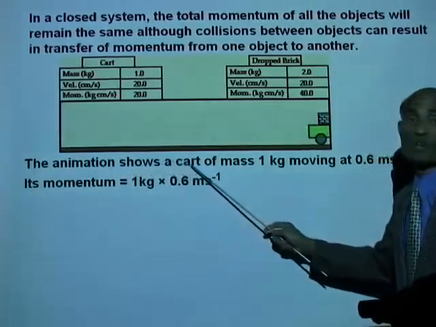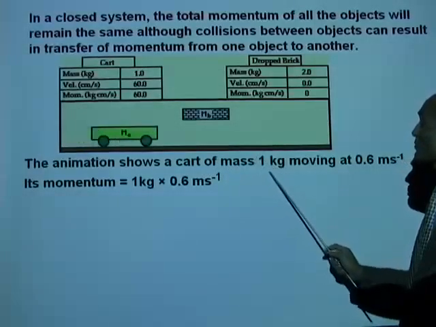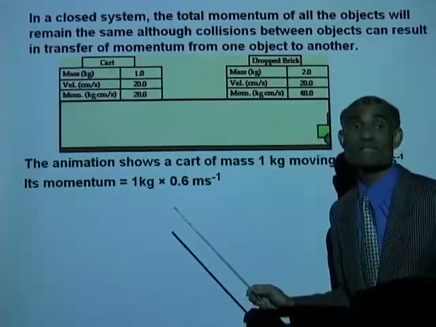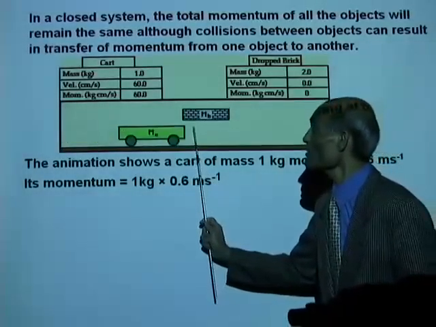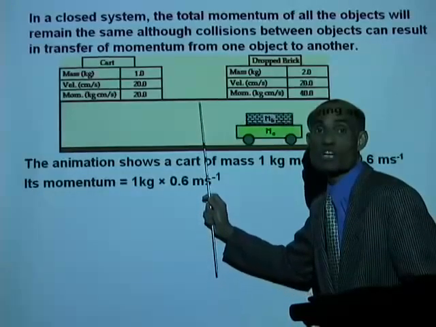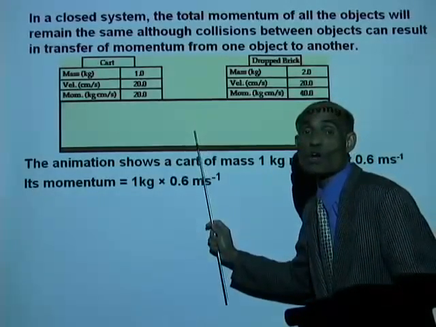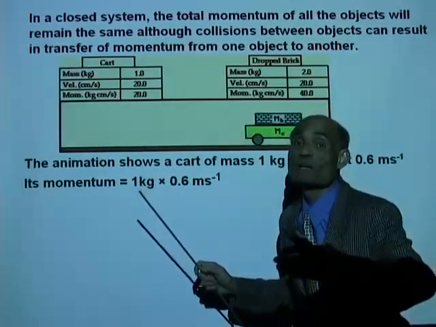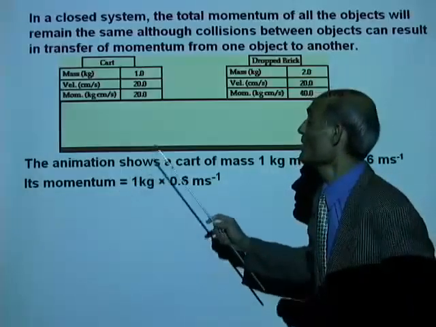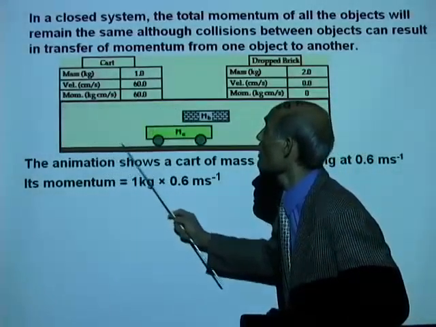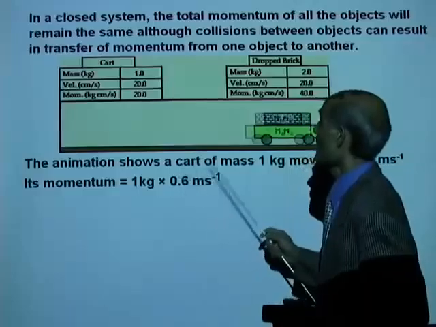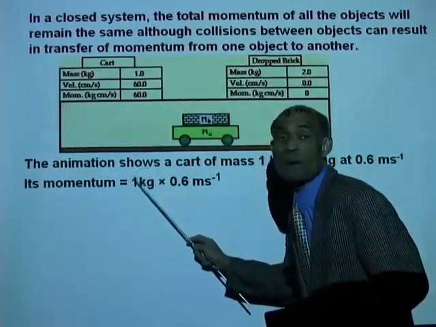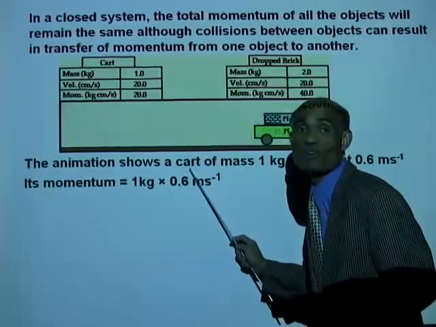So the animation shows a cart of mass 1 kilogram moving at 0.6 meter per second. Now what is the action here? The action is the brick falling onto the truck. Therefore, let's calculate the total momentum before that action. What is the initial momentum of the cart? That will be its mass times its initial velocity.